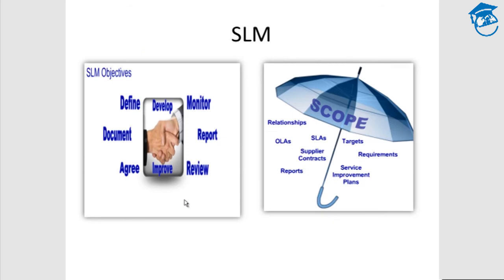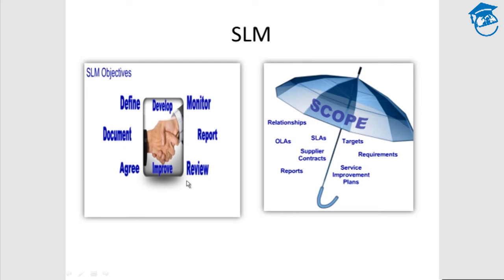Proceeding further, SLM objective and scope. SLM objectives are, first of all, to define the requirements, document them, and agree with the customer, meaning we are creating a service level agreement here. Then reviewing it with the help of reports, reviewing, reporting, and monitoring, so that we keep on delivering the results.